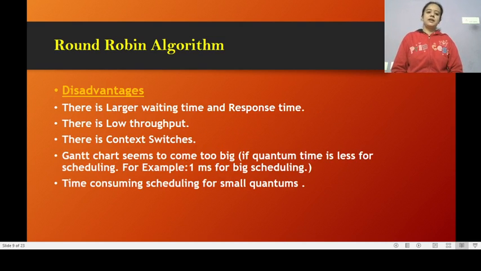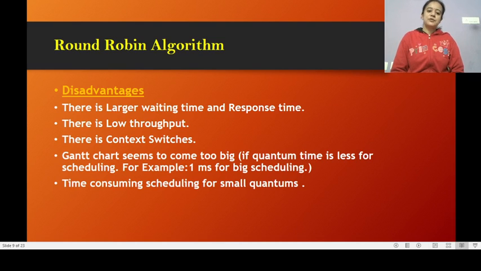What are the disadvantages of the round robin algorithm? There is larger waiting time and response time. Most of the time each process should wait for a longer period, and the response from the system is also very long. There is low throughput: the number of processes per unit time will be very low. There are context switches.